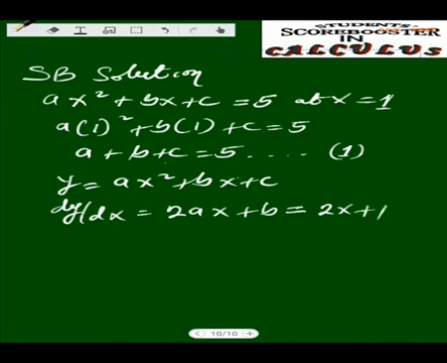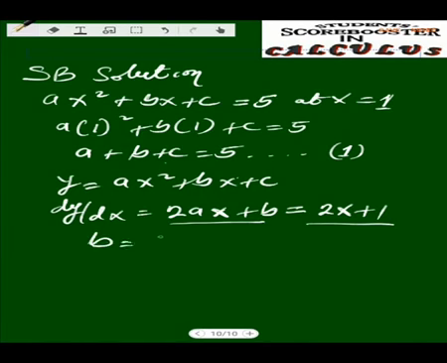Now, for these two to be equal, the coefficient of x here must be equal to the coefficient of x here, and the constant here must be equal to the constant here. Therefore, from here we have b equals 1.